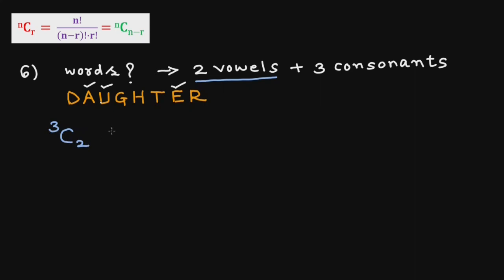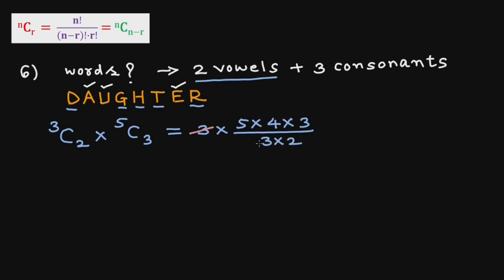And after having selected these two vowels, we have to select three consonants out of these five consonants D, G, H, T, and R. And since we are doing this simultaneously, we have to introduce a multiplication sign between them. So that gives us 3 multiplied by 5 into 4 into 3 upon 3 into 2. Cancelling, we get 30 such selections.